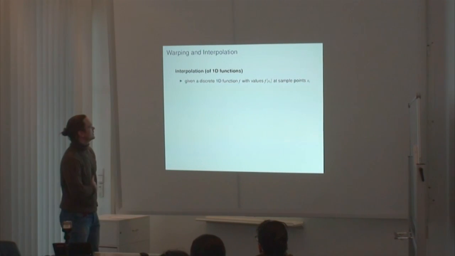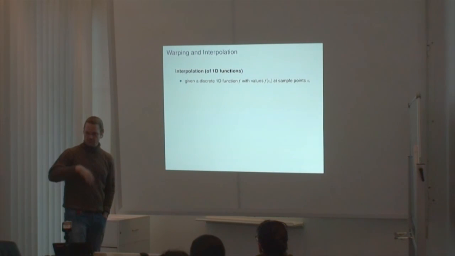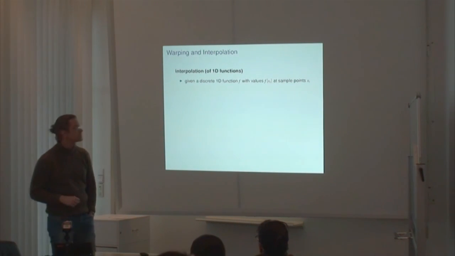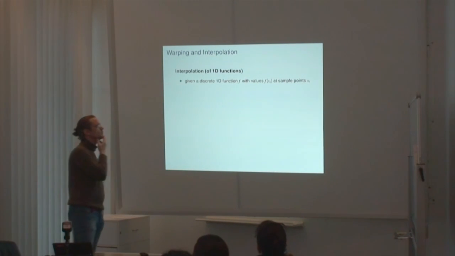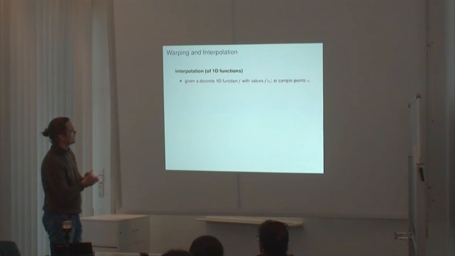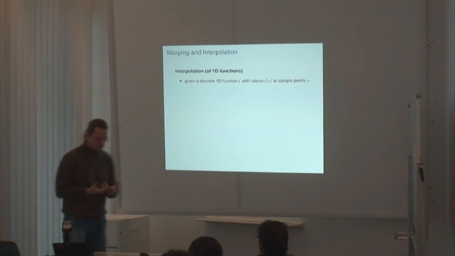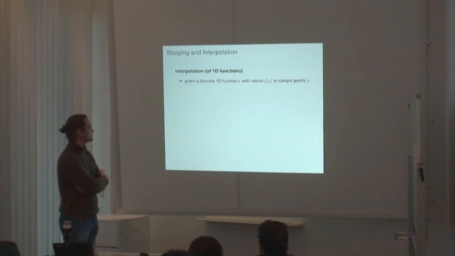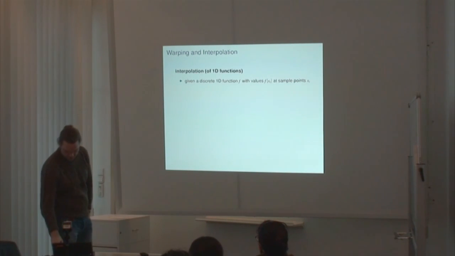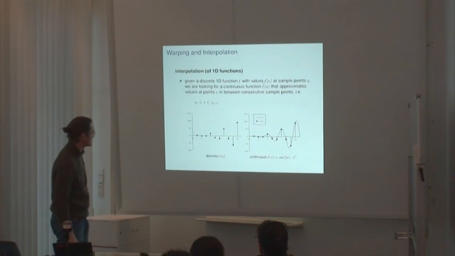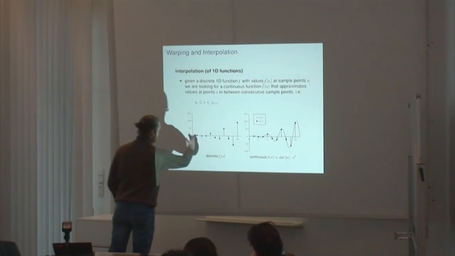And last time we focused on the case of interpolating one-dimensional functions. That is, the setting we considered was that we are given a function f defined over just one parameter, and these parameters xi are supposed to be discrete sample points. That is, it's not a continuous function, but a discrete function. So we are given something like that.